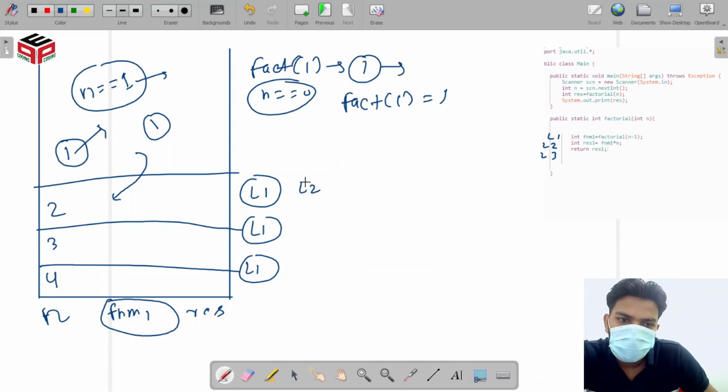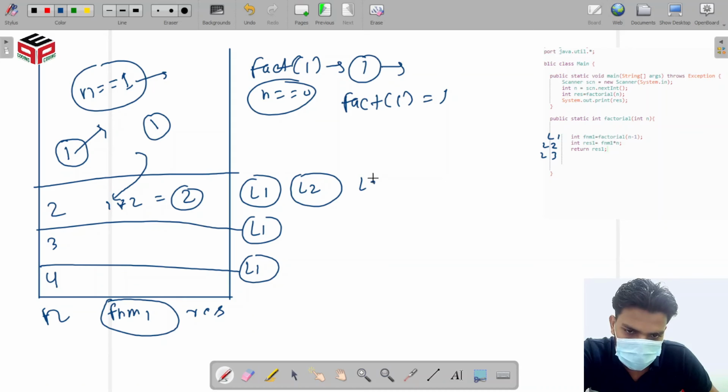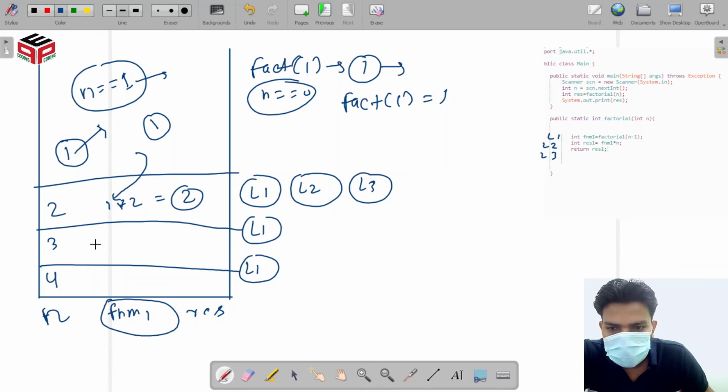When line number 2 runs, fn1 is multiplied with n, this is n, so 1 multiplied with 2, and we get result 2, and we return this result at line number 3. When line number 3 runs, this result will return. Okay, and this result will come at fn1 at this stage, where we multiply with n, which is 3, and we get 6.